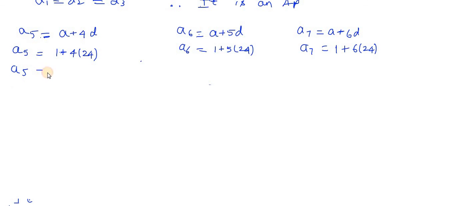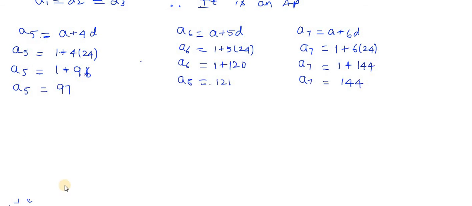So 1 plus 4 times 24, that is 96, so therefore it is 97. So the next three terms are a5 is 97, a6 is 121, a7 is 144. I hope all of you understood.